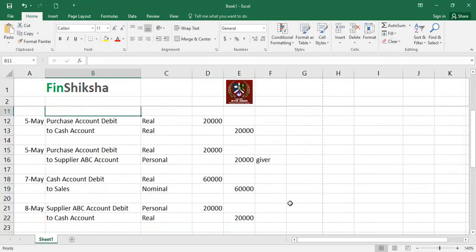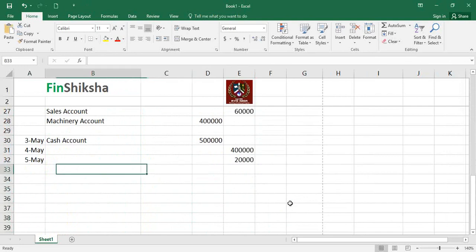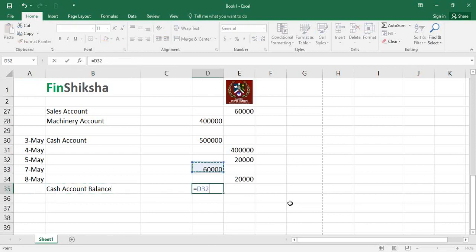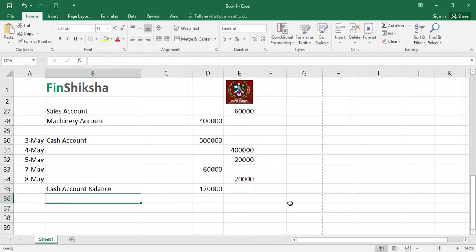And then we go further and we find cash account debited for 60,000 here. That's on 7th May when you sold something worth 60,000. And on 8th May, it was again credited for 20,000 which you paid to the supplier. So cash account balance is going to be equal to the sum of all the debits minus the sum of all the credits. So we find 120 of debit in the cash account.